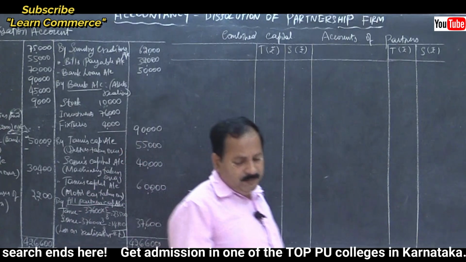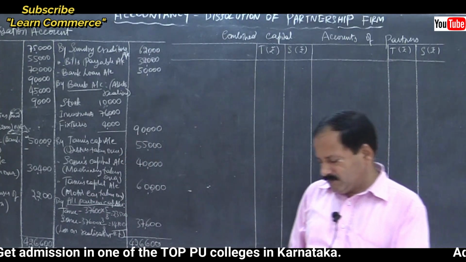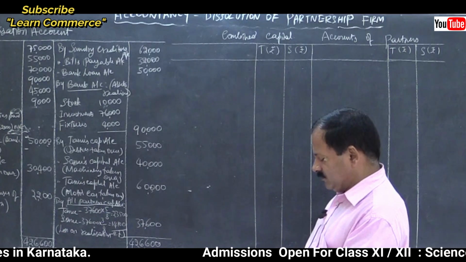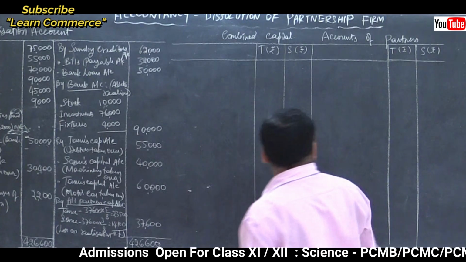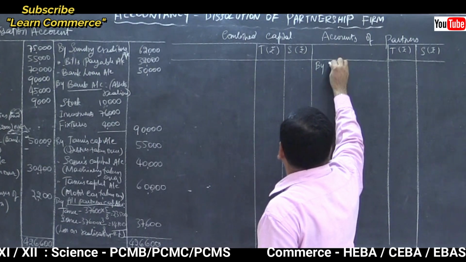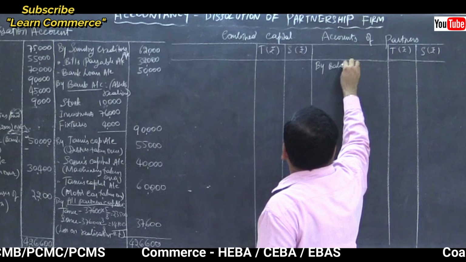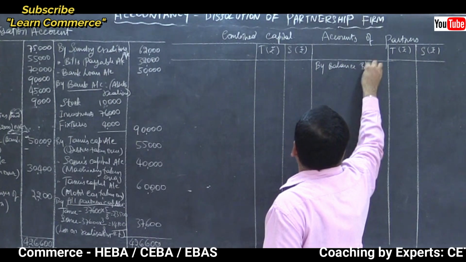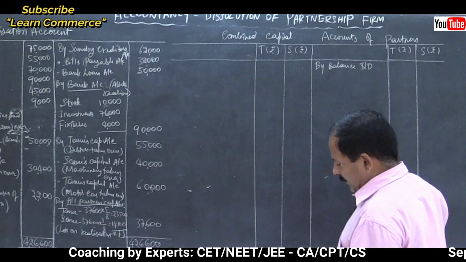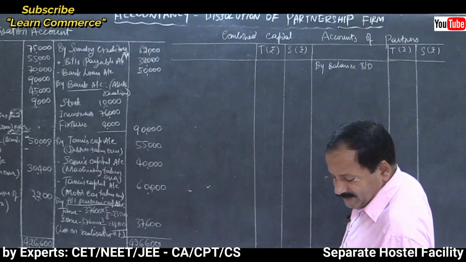Yes, let us continue. Combined capital accounts. By balance brought down, capital account always shows credit balance, mostly, isn't it? By balance brought down, how much? 110 and 90, is that correct?